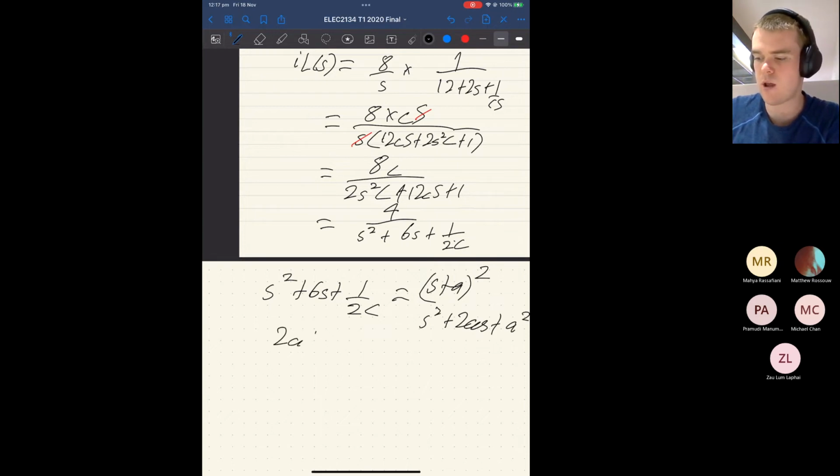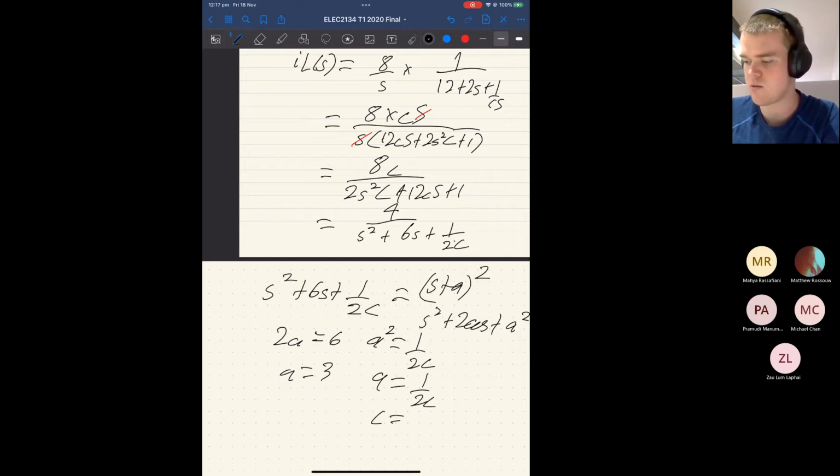So therefore 2A is equal to 6, and A squared is equal to 1 on 2C. Therefore A is equal to 3. So then 9 is equal to 1 on 2C. So C is equal to 1 on 18.